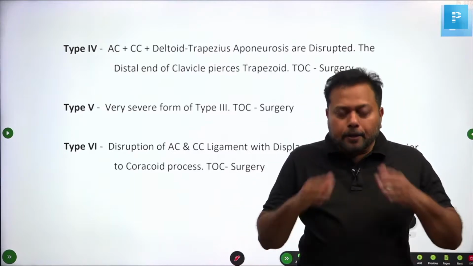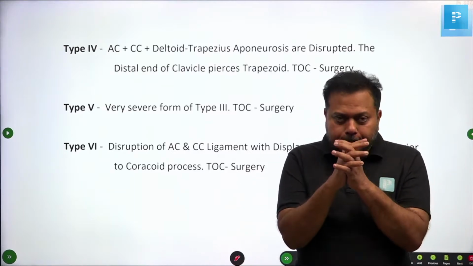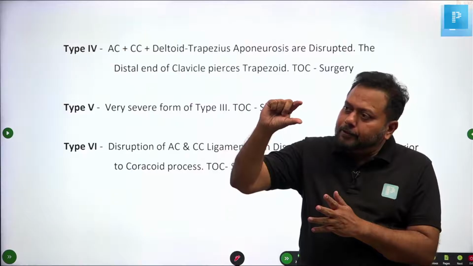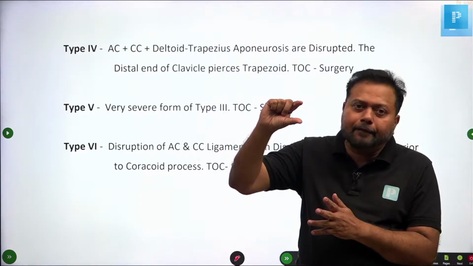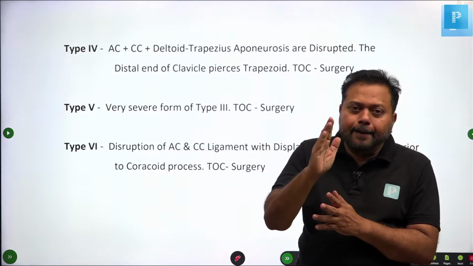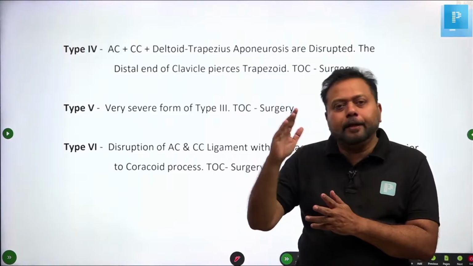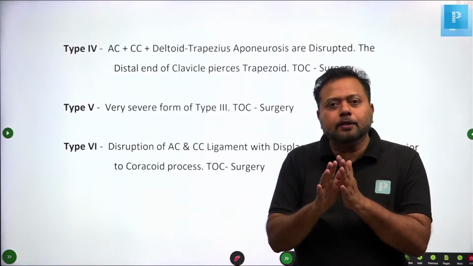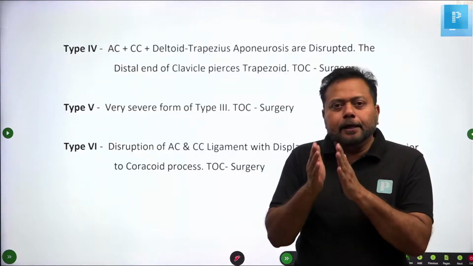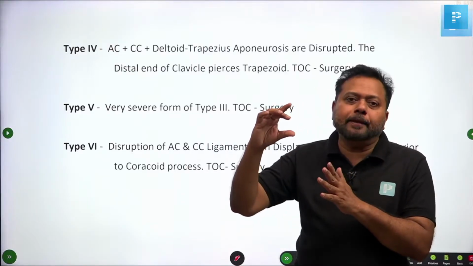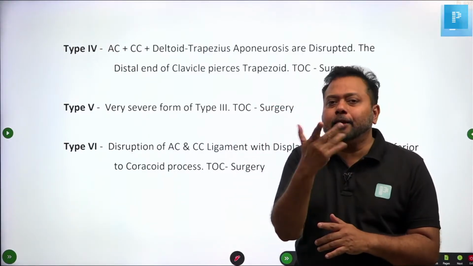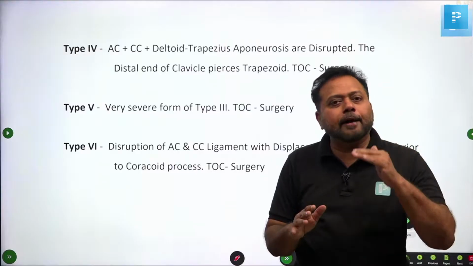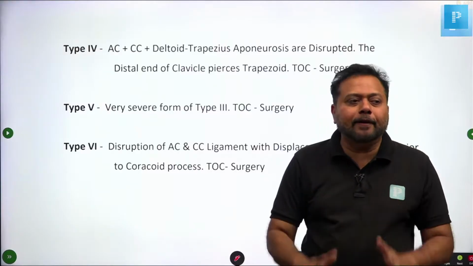The point I want you to know is, when you see a gross gap between the distal end of the clavicle and the acromion, it is type 3 and above. Type 3 and above, treatment of choice is surgery. The best surgery is the Bosworth technique. Till type 2, that much gap won't be there. Clinically, the step sign won't be there. So type 1 and type 2 can be managed conservatively.